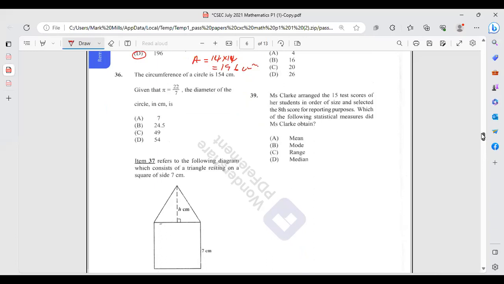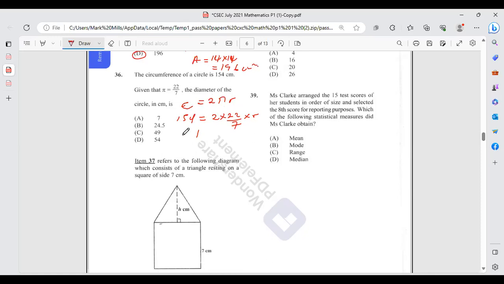36. The circumference of a circle is 154. Given that pi is 22/7, the diameter of the circle in centimeters is... So circumference is equal to 2 pi r. They give me here 154, which is equal to 2 times 22/7 times the radius.